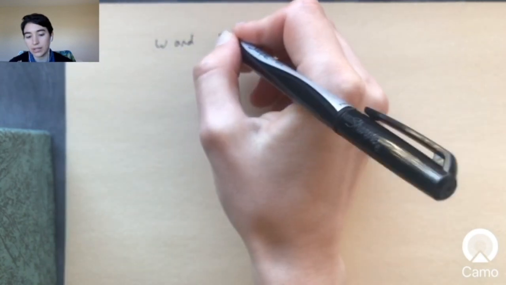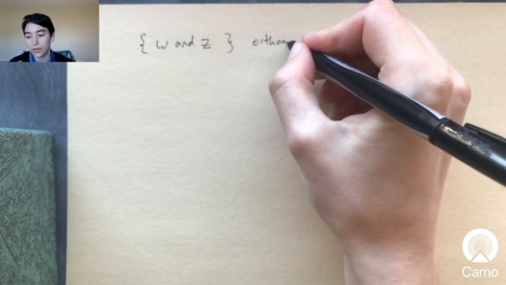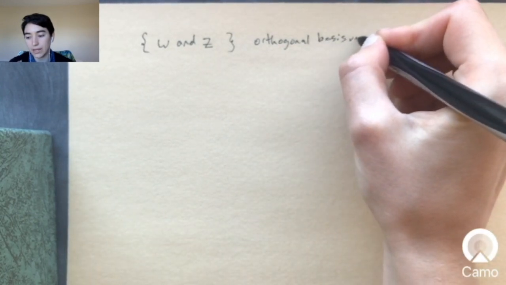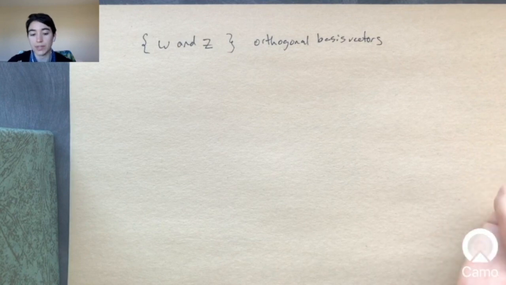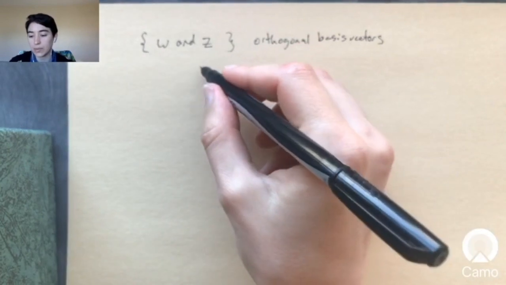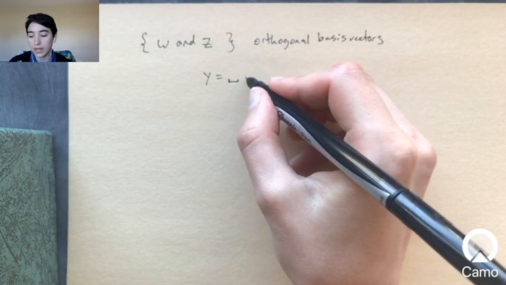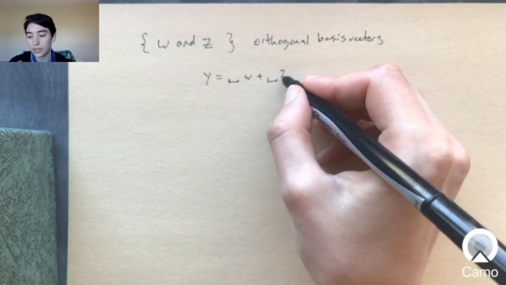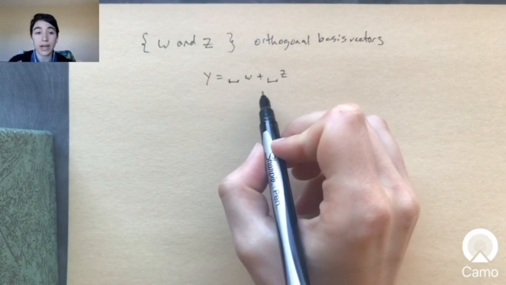Now for the problem itself. Okay, let's assume we have two orthogonal basis vectors, and I'm going to call them W and Z. We want to be able to describe the vector y by a combination of W and Z. So we want to be able to say y is equal to some coefficient times W plus some coefficient times Z. And in this case, we want these to be entirely the components that we're talking about.